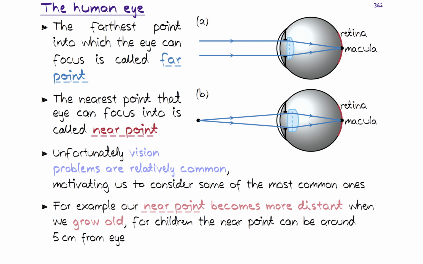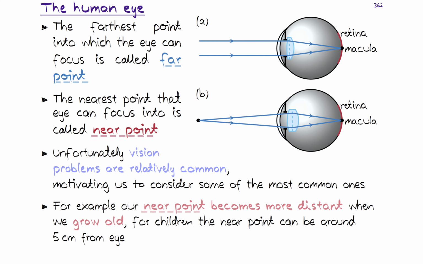Another prime example of this phenomenon is that if you have children, the near point of children can be extremely near to the human eye. For example, it can be as close as 5 centimeters from the eye. And this is not usually the case with adult eyes.